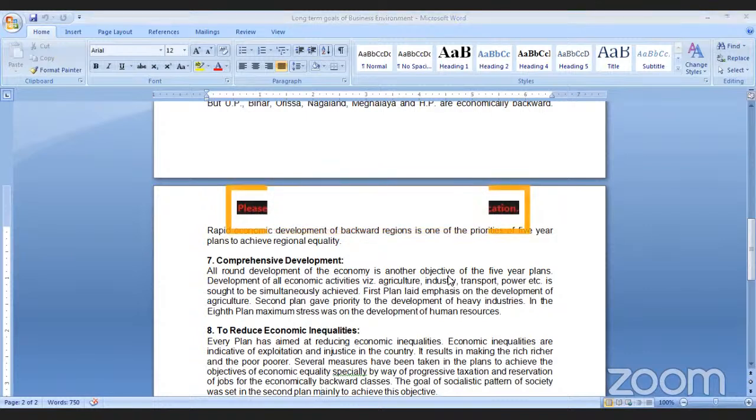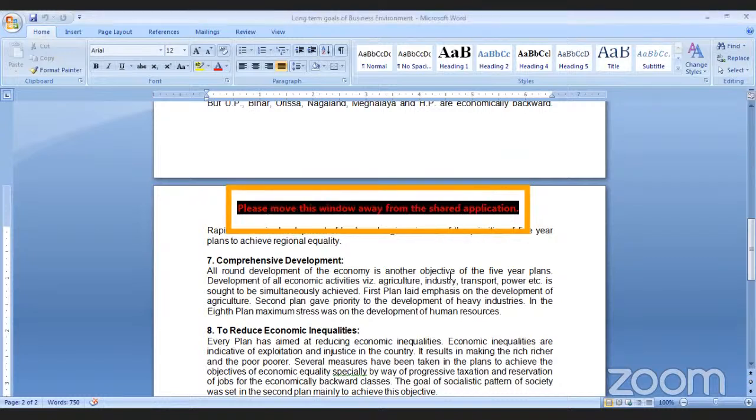Okay, Napoleon has done economic equality. I do not have much information about history, but I do have information about economic equality. I don't know exactly the year and all.